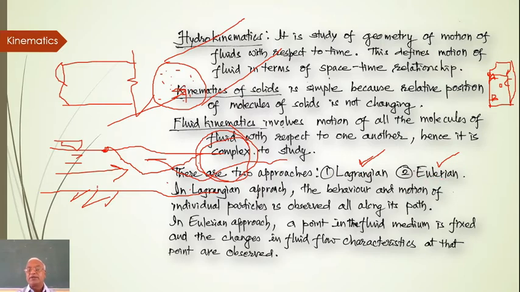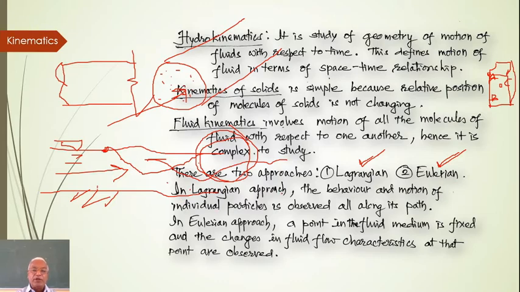Euler is the name of a person. Again, there is a lot of contribution as far as maths is concerned. So even this person has contributed a lot as far as kinematics is concerned. So this approach, put up by Euler, is called Eulerian. Okay, what these two actually mean and which one we are going to study, that we will see.